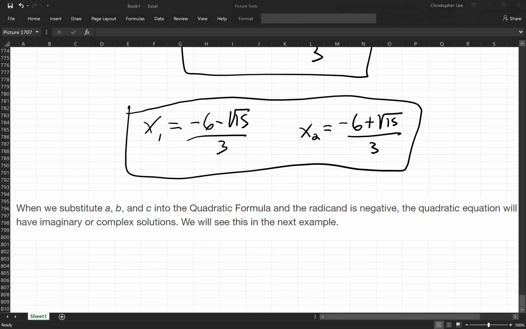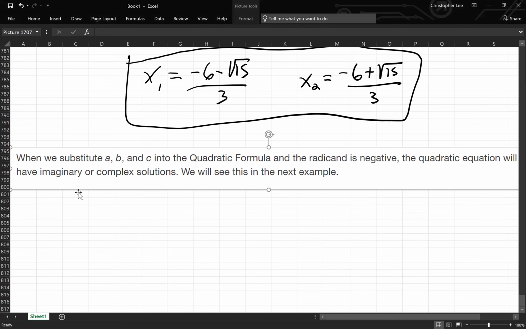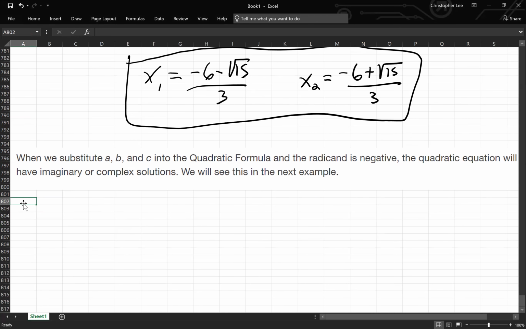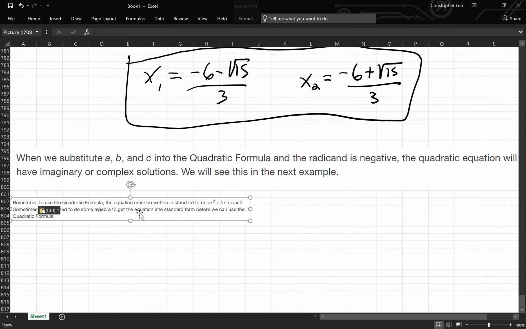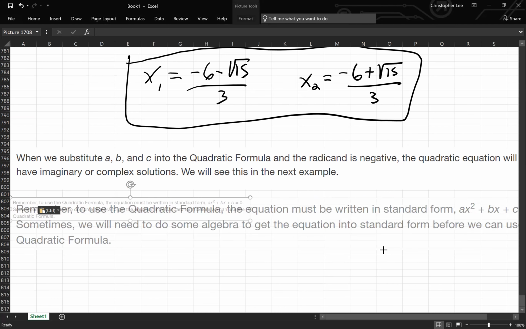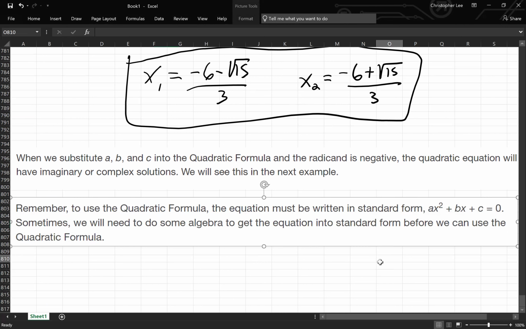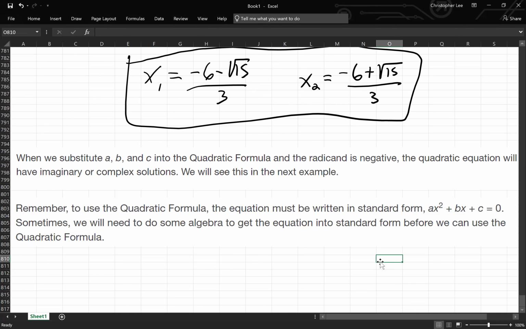And last but not least, real quick, remember to use a quadratic formula. The equation must be written in standard form, which is ax squared plus bx plus c is equal to 0.